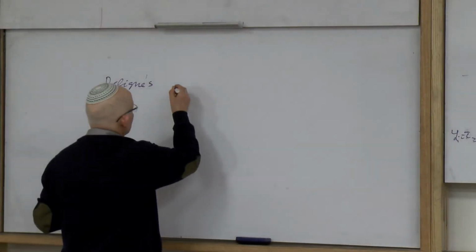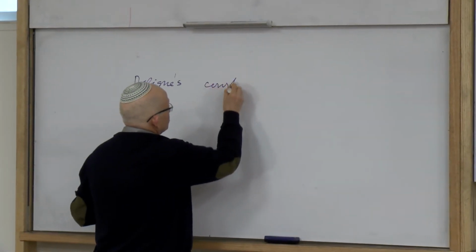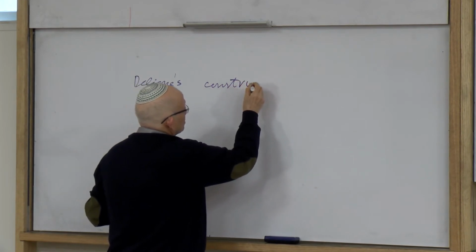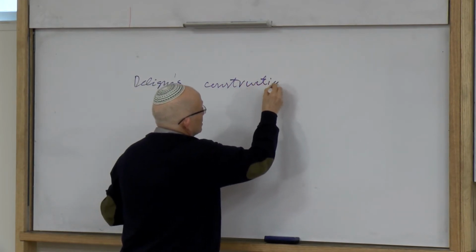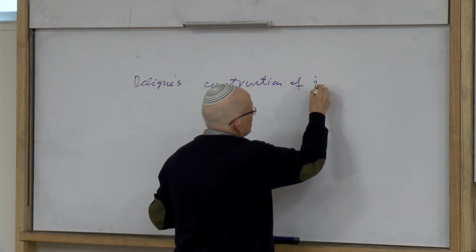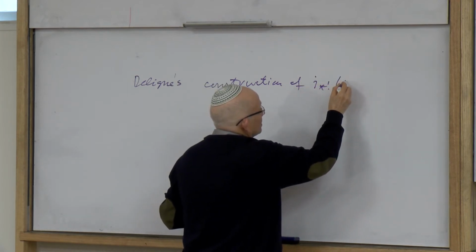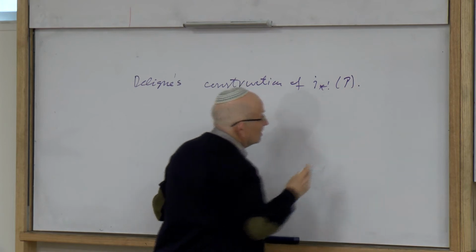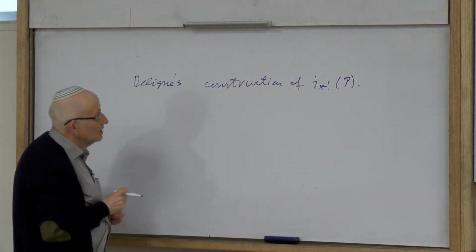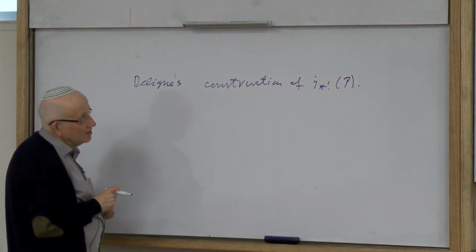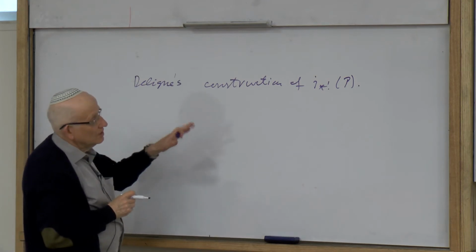Now I want to give also the Deligne construction of intermediate extension. It's also useful. j_{!*} of P. Again, it's an idea, so I will give it only in the simplest case.